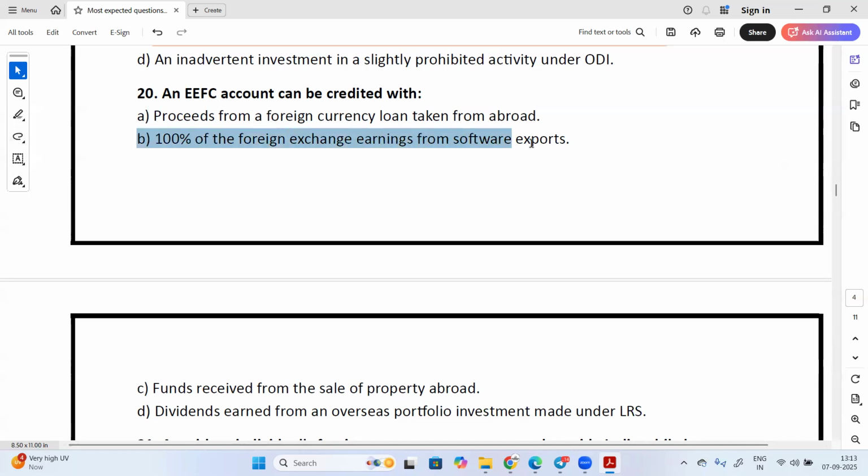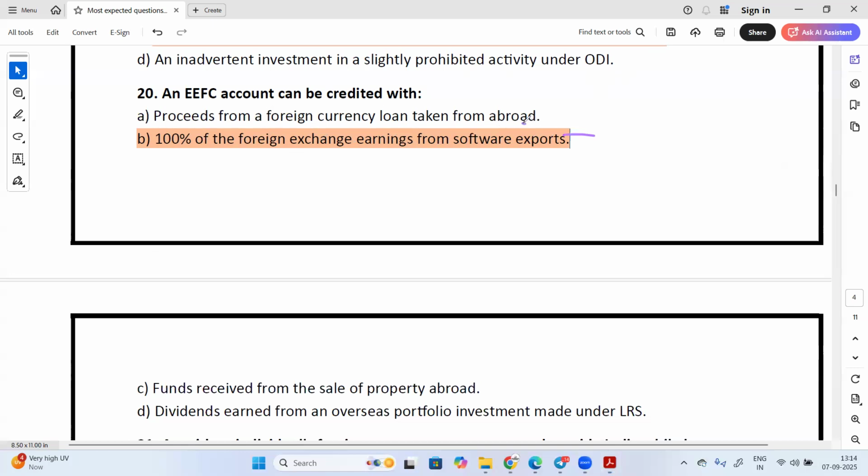Right answer is B. That is 100% of the foreign exchange earning from software export. So whatever the export is done, the amount can be credited in EEFC. So here, proceeds from a foreign currency loan taken abroad.